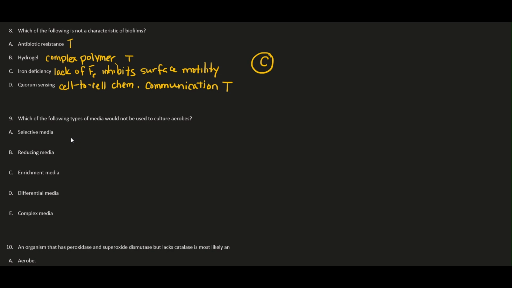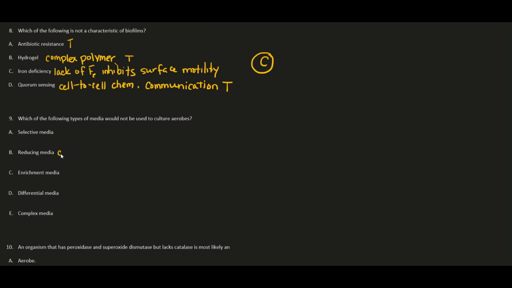We have D, which is differential. We went over that one. It's to distinguish colonies of desired organisms from other colonies growing in the same plate. So now that we know those two, we're going to go to the ones that we do not know. Reducing media.